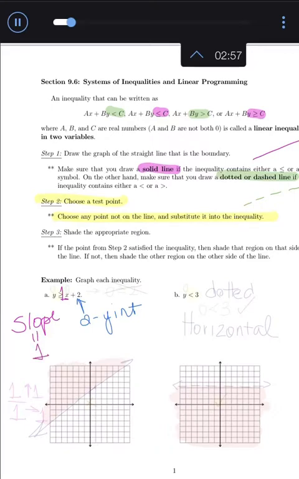Notice though, because of the greater than or equal to, when we do graph our line, it will be a solid line.